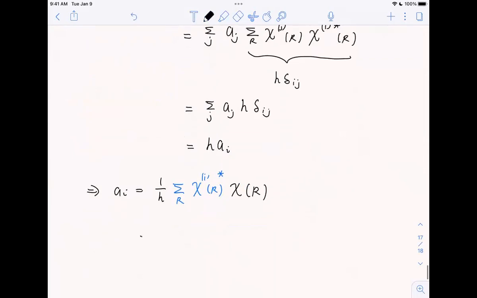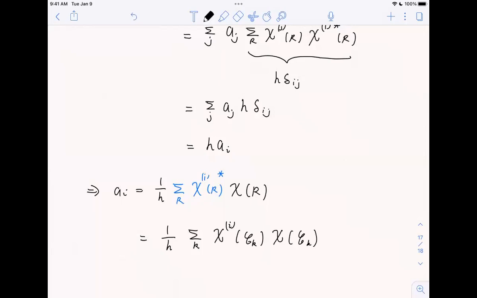Of course, you can also change it into a sum over classes.